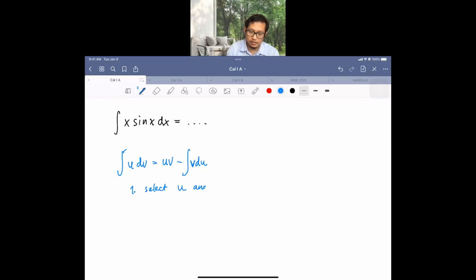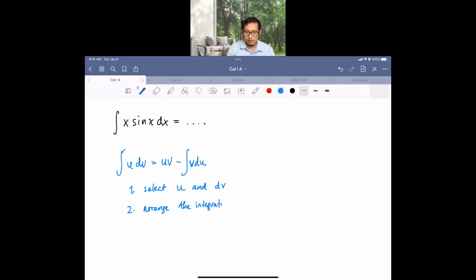u and dv from the function. And then arrange the integration, which means that you need to find du and you need to find v.